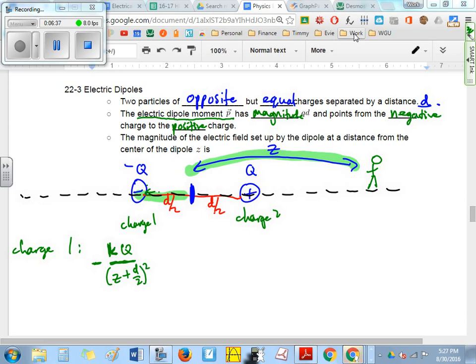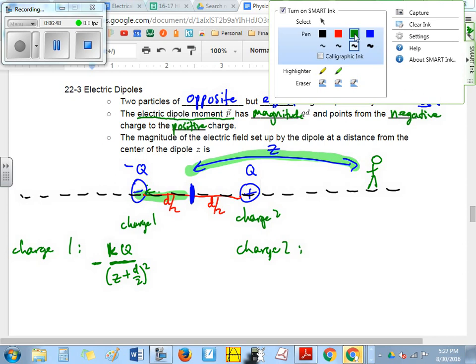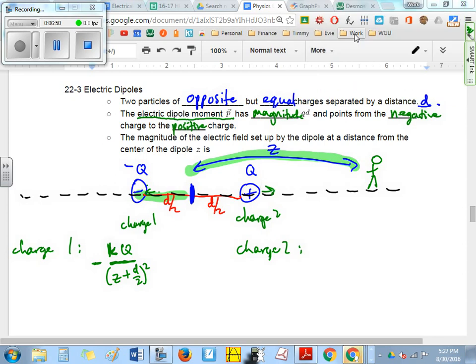Now let's look at charge 2. Charge 2 is a different story. Partly because the field lines are to be drawn away from positive charges. So now I'm drawing a field line pointing away from positive charge.